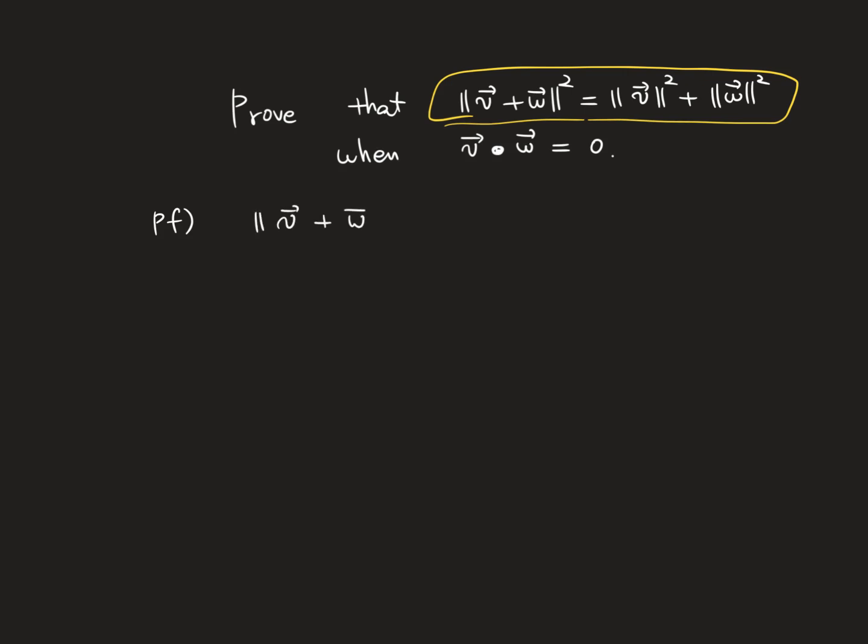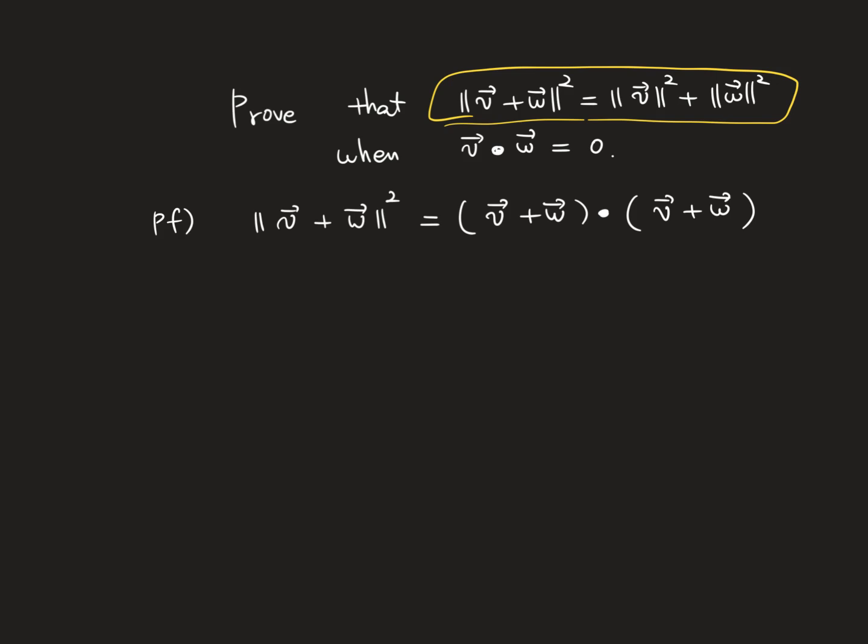So we start here. And by definition, the norm square is equal to the dot product of the same vector, okay?